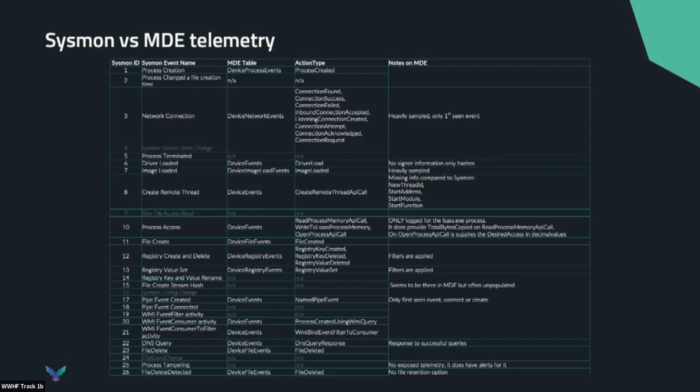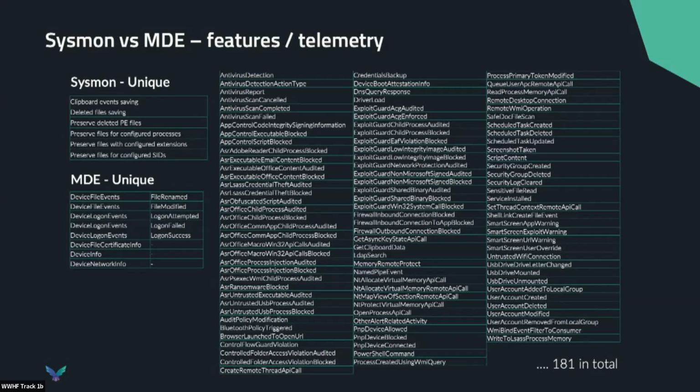I can't explain. And then Sysmon has some unique features, like the clipboard contents that you might be able to use during an incident response engagement. And it can retain deleted files, which is pretty useful, again, if you know that your box is compromised. It can also flood your box, so be careful with it, because disk space is still something that can run out. And then on the Defender side, there's some additional logs.